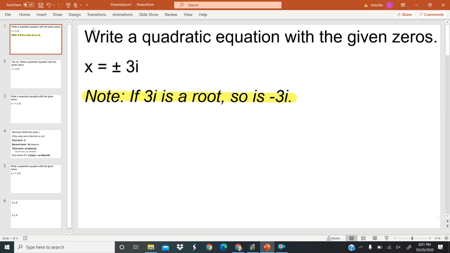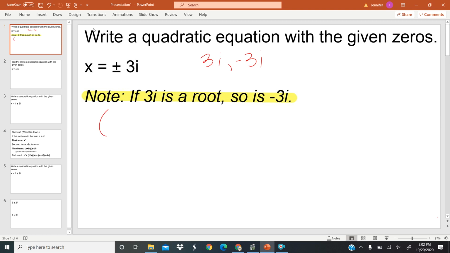That's going to apply to any number that has an i in it. If you have positive 7i, you're going to have negative 7i. If you have negative 43i, you're going to have positive 43i. So just make a mental note that if you have the negative version, you're going to have the positive version of the i. So then with that being said, our two roots in this are positive 3i and negative 3i.